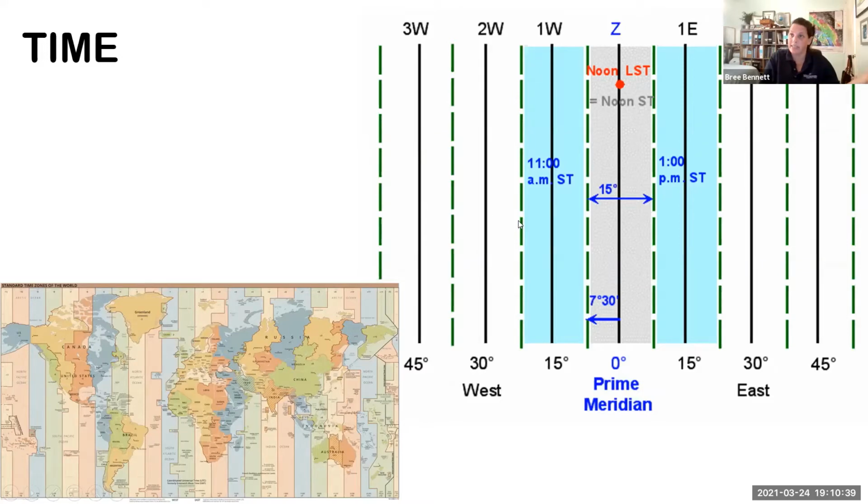The sun sets in the west, rises in the east. It has already passed that peak and starts to set. So over here in the east, it's going to be 1 p.m. Then one more over to the 30, it's going to be 2 p.m. One more over to the 45, 3 p.m., etc. So we're in the west.